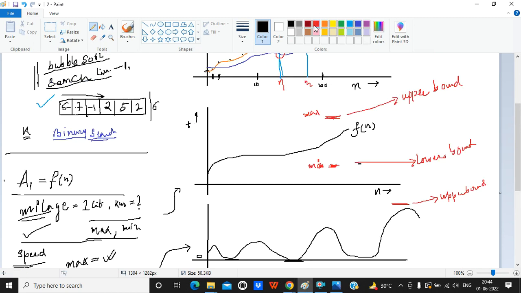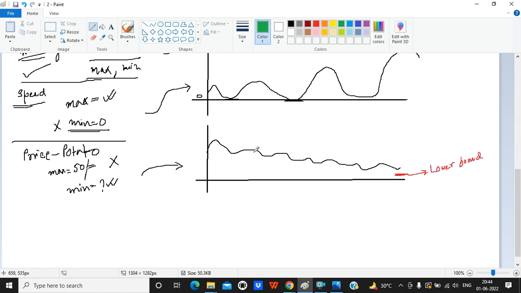I can say that in most of the cases we will have an upper bound and we will have a lower bound, and between that our graph will go. In most of the cases we will have some upper bound and also some lower bound, and in a very rare case we will have the lower bound only.